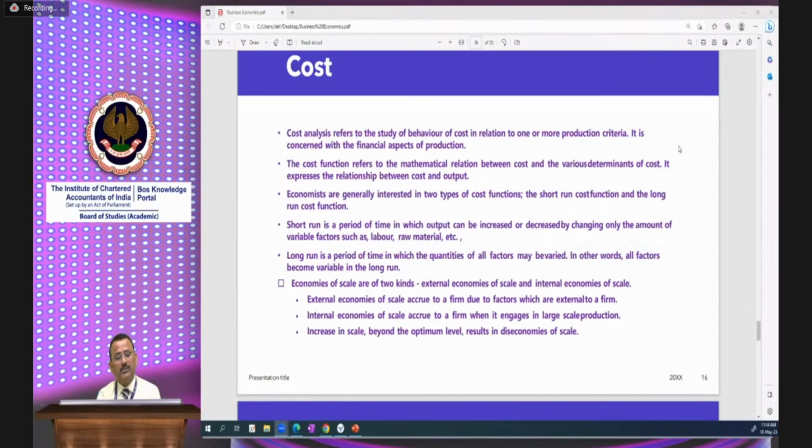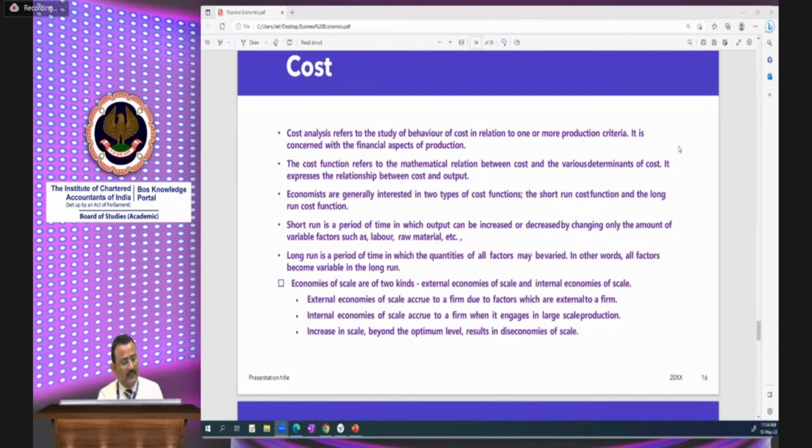In other words, all factors become variable in the long run. So in the short run, one factor is constant; in the long run, both factors are variable. Accordingly, the elaboration is done for the short run and the long run. Then there are external economies of scale and internal economies of scale.